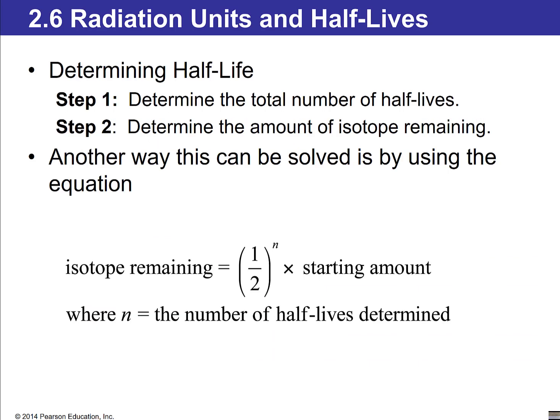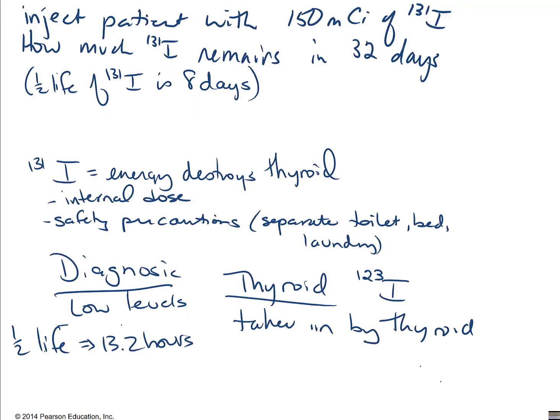So when determining half-life, you look at how long the half-life is, and that means that period of time, half of your sample will be gone. So in this, if you have a patient and you inject them with 150 millicuries of iodine-131. So iodine is an element that actually gets concentrated where?